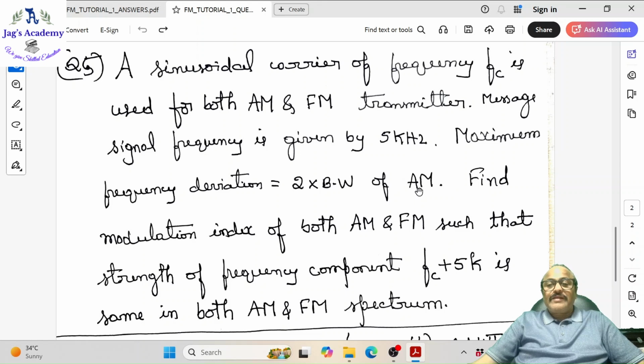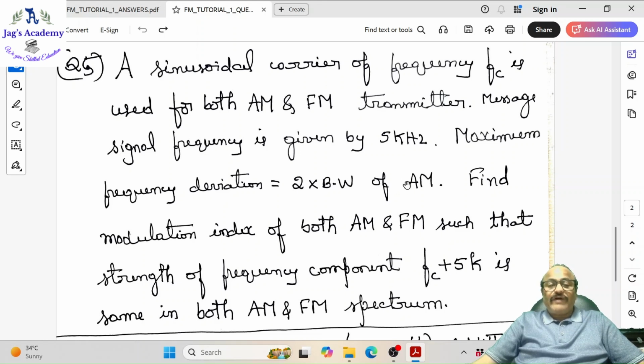Because AM is also involved here, and the signal frequency is given. The bandwidth of AM is 2 times the 5 kHz. So the maximum frequency deviation is nothing but 2 times the bandwidth, that's 10 kHz. You got the value here.